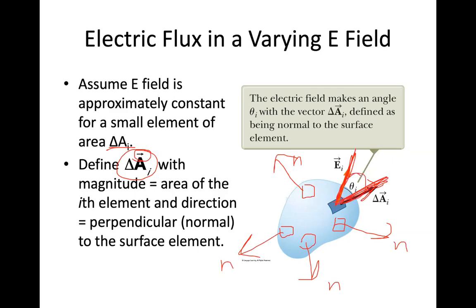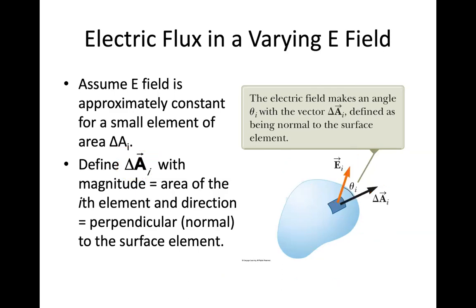I need that angle theta. It's super important to have that angle theta. So let's define those little elements of area as having magnitude of area, and having a direction that is normal, perpendicular to that surface element.